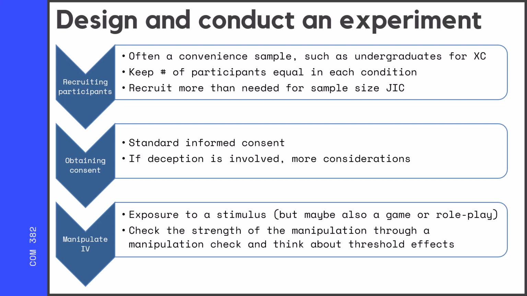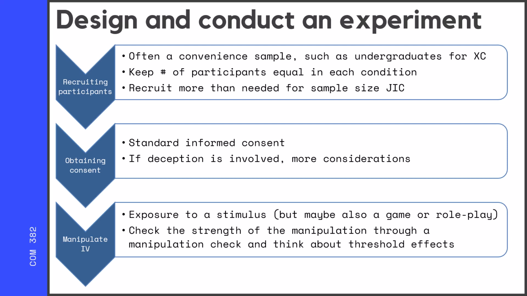But it's very important to always make sure that the strength of your manipulation is good, because if your manipulation isn't strong enough to bring a change in the dependent variable, well, then you have nothing. And there are two different things you want to consider here. The first is a manipulation check, which is a little evaluation within the experiment to make sure that the manipulation worked as was intended.